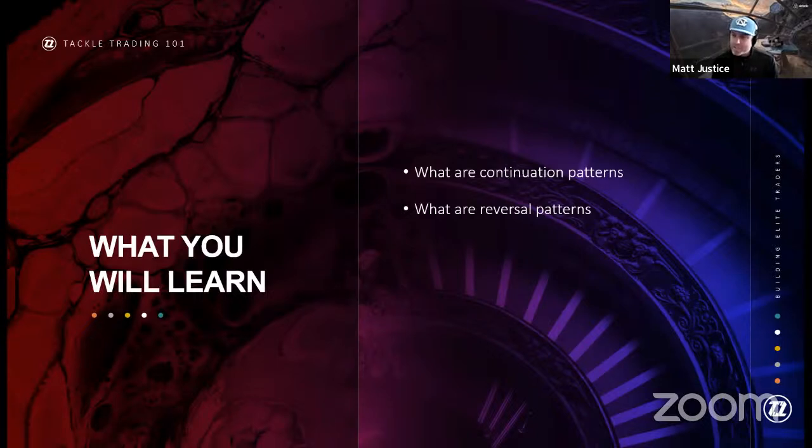Now, simply because a current trend ends does not mean that's guaranteed to be a reversal. So I think it's very important to understand the key differences between what's called a continuation pattern and that of a reversal pattern.